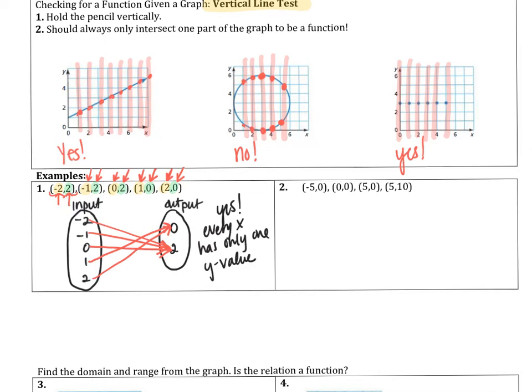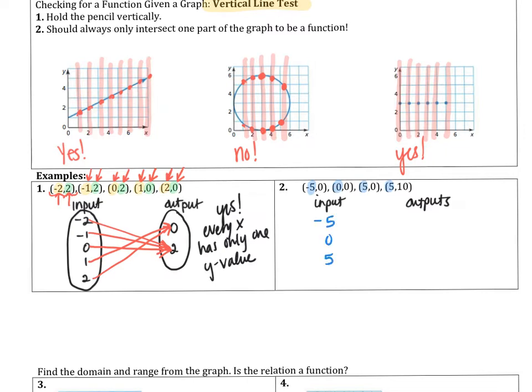Let's take a look at this next example. We're going to list again our inputs and our outputs to help us determine if this is a function. Inputs, I've got -5, 0, 5, and 5, because remember, input values are x values. I don't need to put repeats, so -5, 0, and 5.